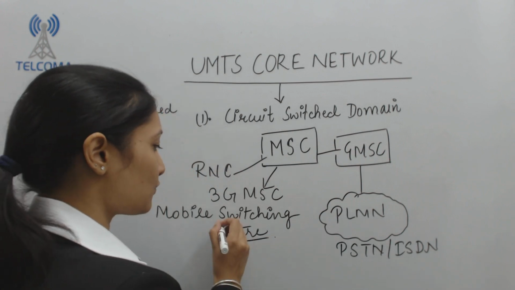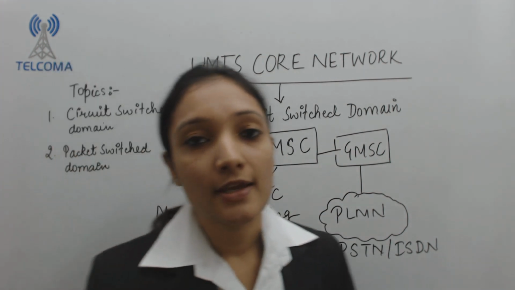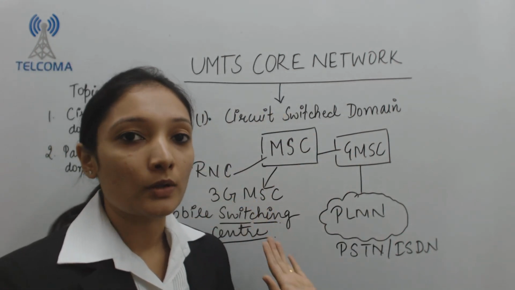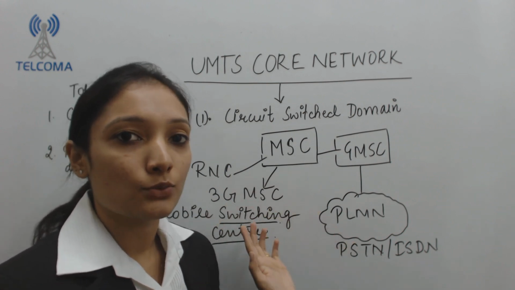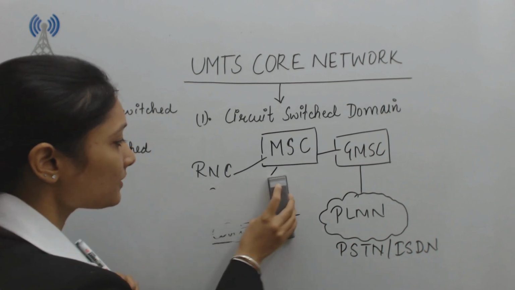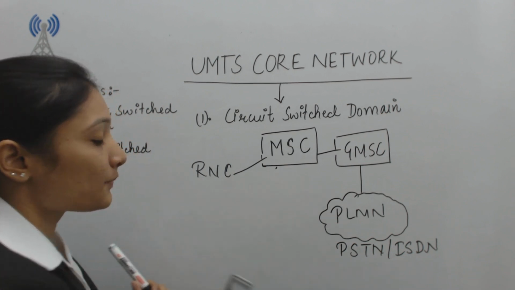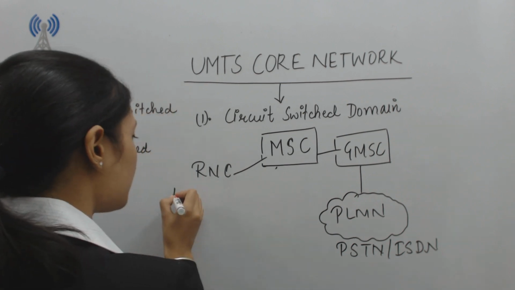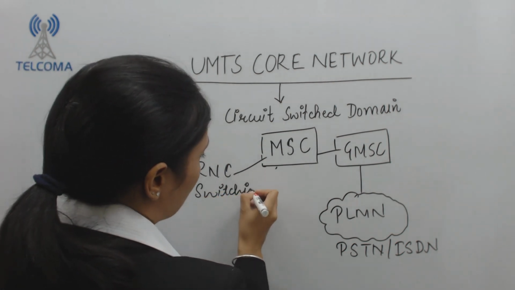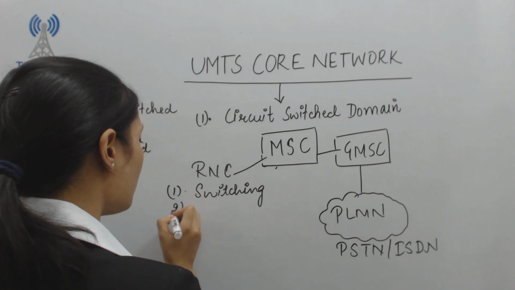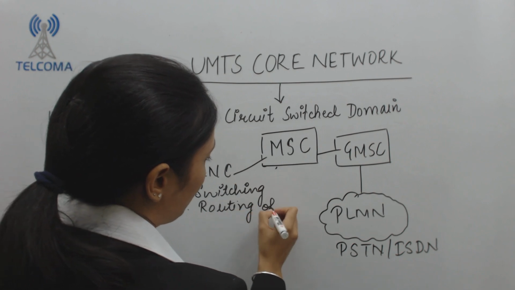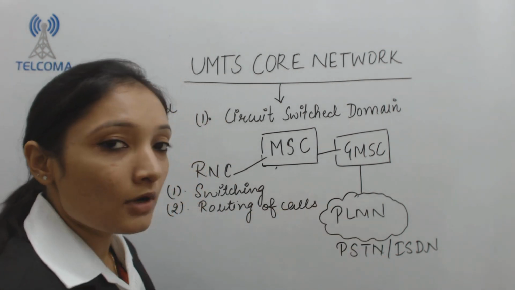Here the term switching is used. So this element of the core network is responsible for switching the calls from one user to another or from one network to another network. So the most important fundamental principle of this 3G MSC is switching calls and routing of calls to further networks.